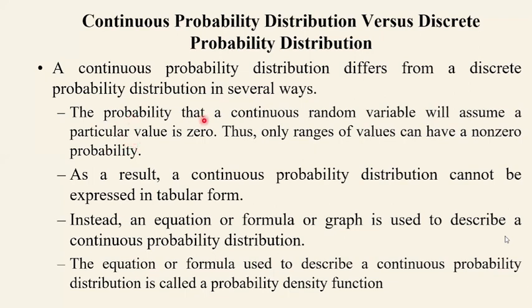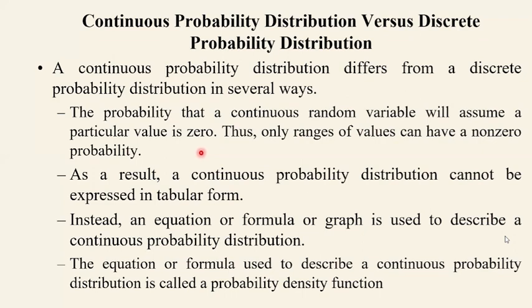The probability that a continuous random variable will assume a particular value is 0, right? For a continuous probability distribution, if we take a continuous random variable and it assumes a particular value, that is 0, right?